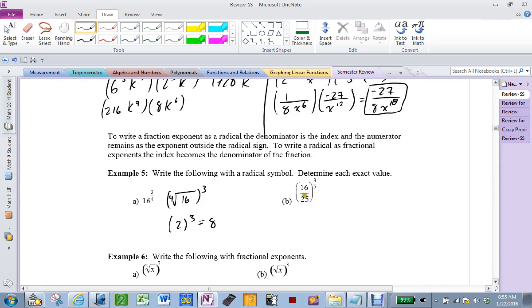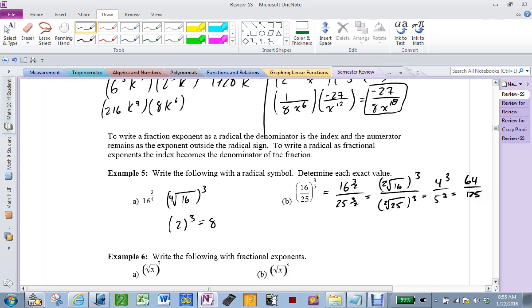If it was 25, it would be the square root of 25 to the third power, wouldn't it? But it's both, because of course this exponent goes everywhere inside the brackets, doesn't it? 16 to the 3 halves over 25 to the 3 halves, which is the square root of 16 cubed over the square root of 25 cubed, which is 4 cubed over 5 cubed, which is 64 over 125.